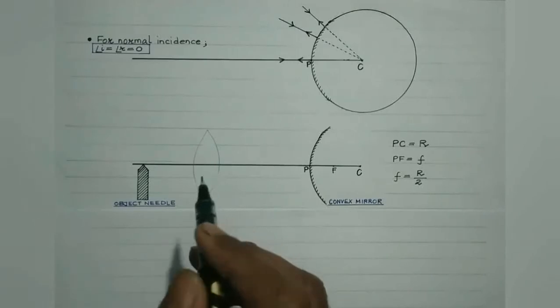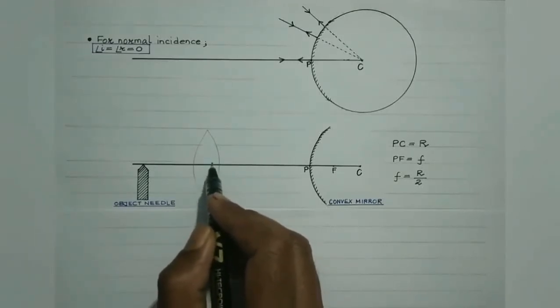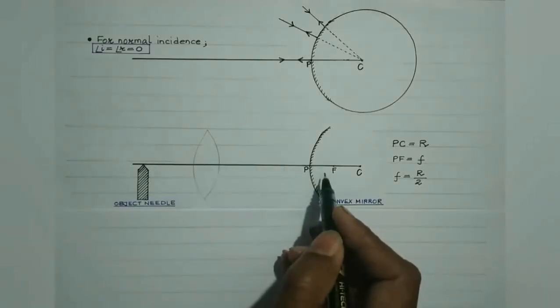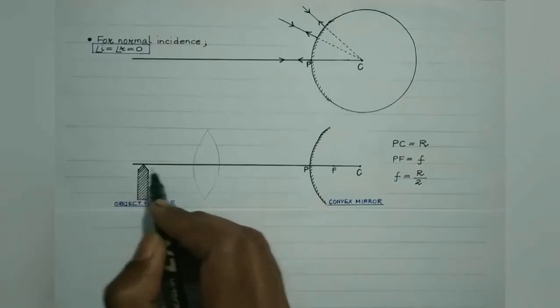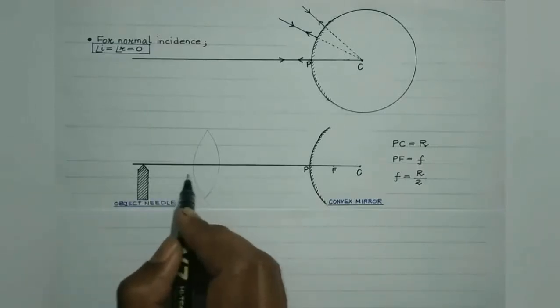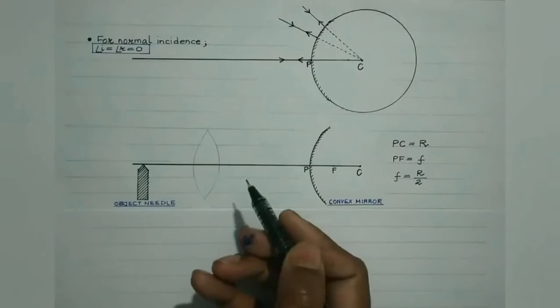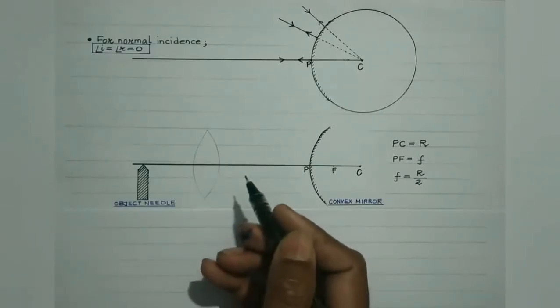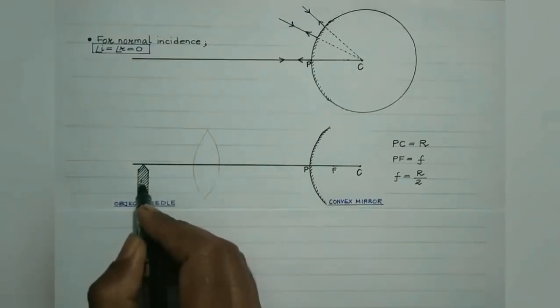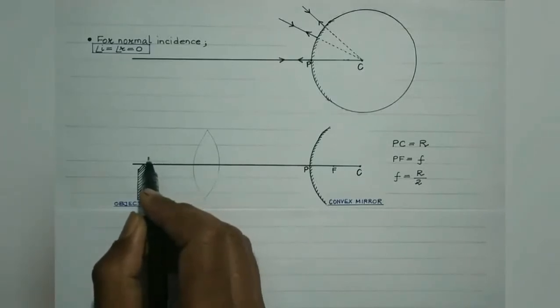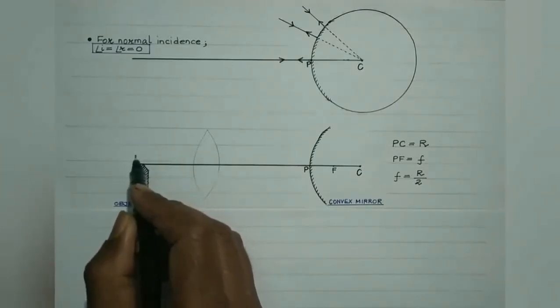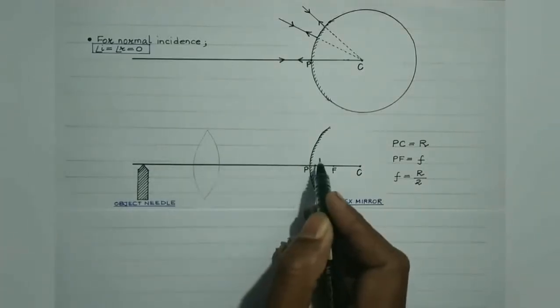Now students, when this convex lens is introduced between the convex mirror and the object needle, their relative positions are adjusted in such a manner that there is no parallax between the object needle and its inverted image, that is, when seen through both the lens as well as the mirror.